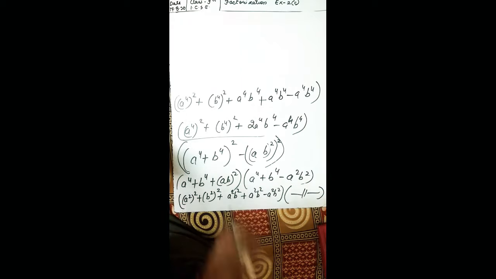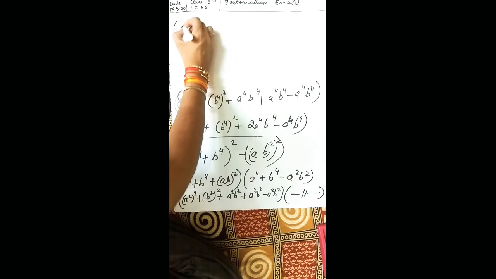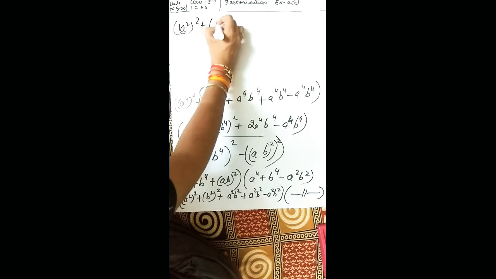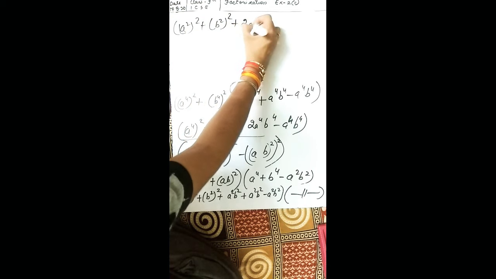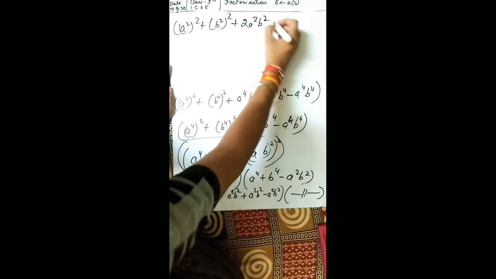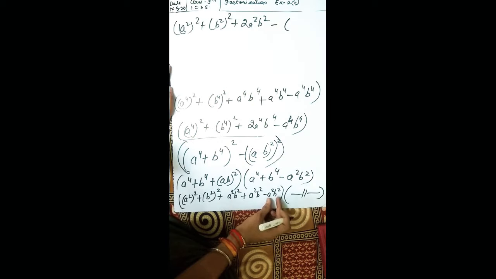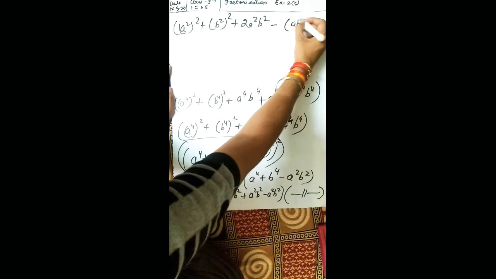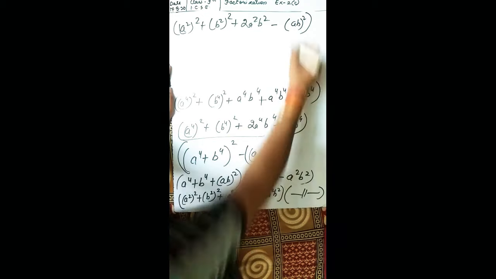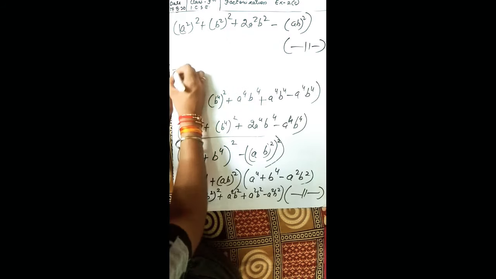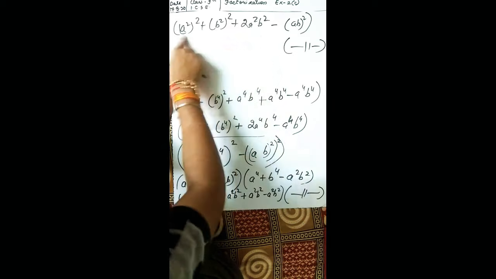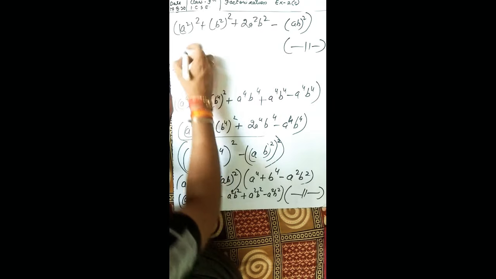Now this 2 will become 2ab, so a square whole square plus b square whole square plus of 2 a square b square and minus of this a square b square, we are writing ab the whole square, and this bracket is as it is. Now again you can use the identity here. Which identity can you use?